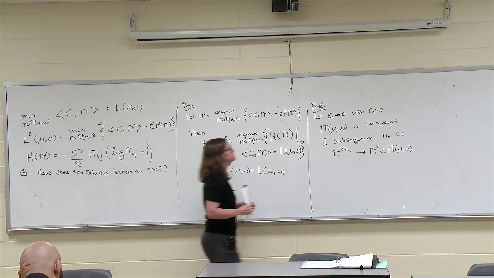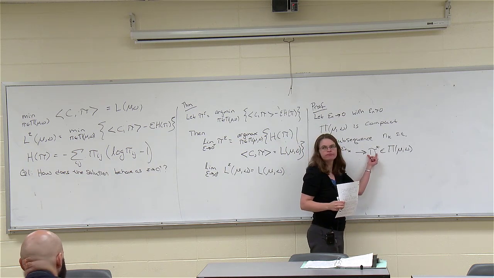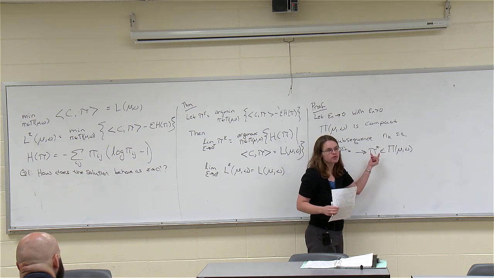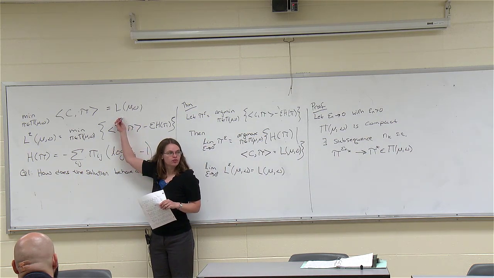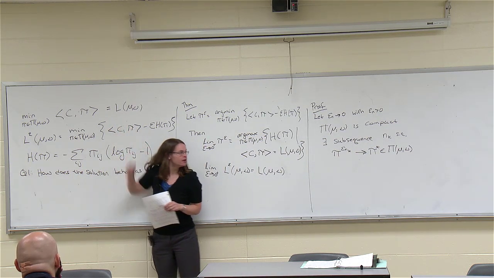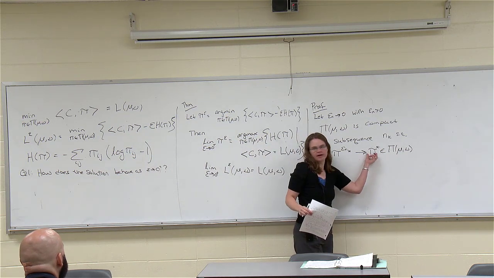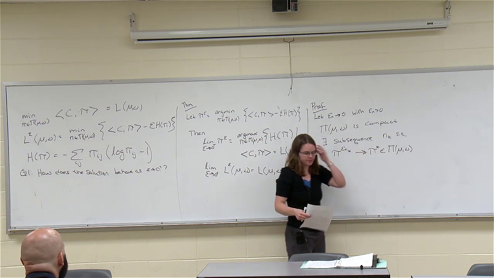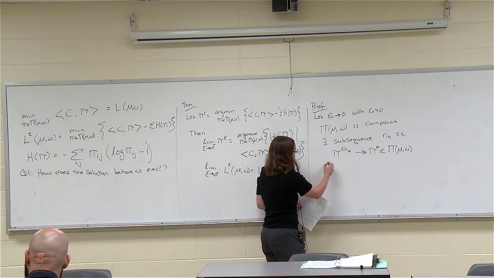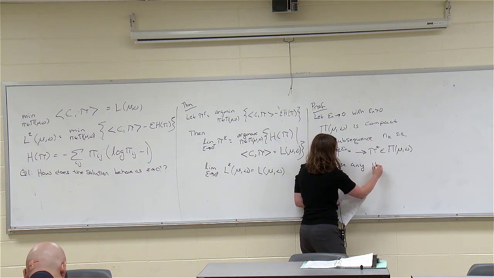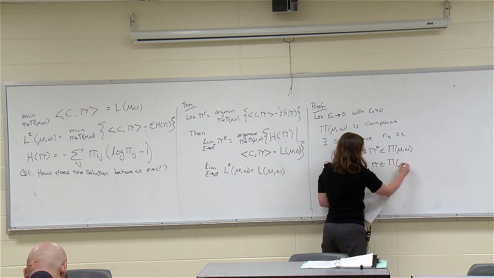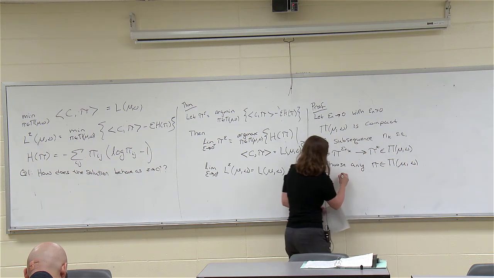Okay, so now I want to try to take this pi star and hopefully prove that it's optimal for the original problem. So I'm going to take something that's optimal for this problem, and I'm going to compare it to pi star and see what happens. Okay, so let's choose any optimal pi, so any pi that's both feasible and optimal for the original problem.